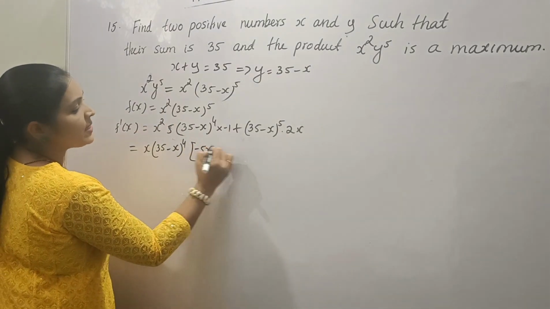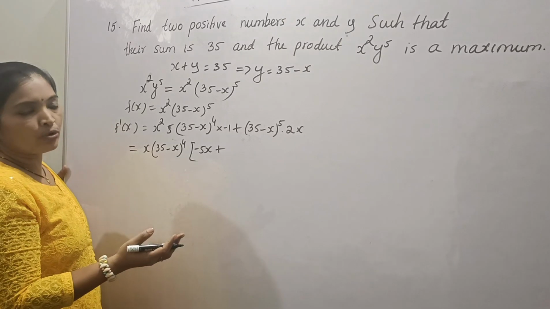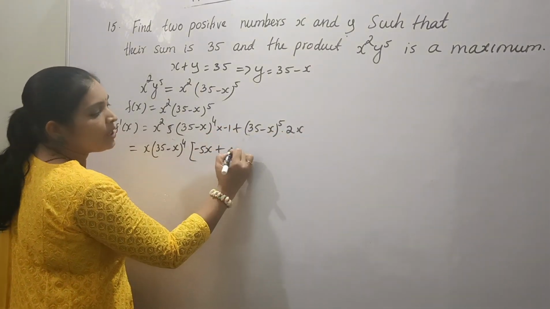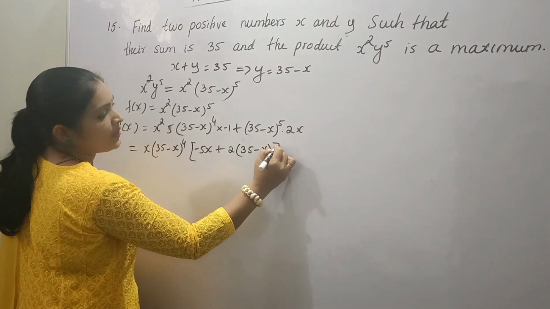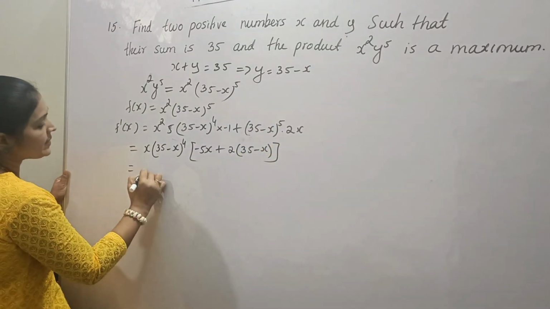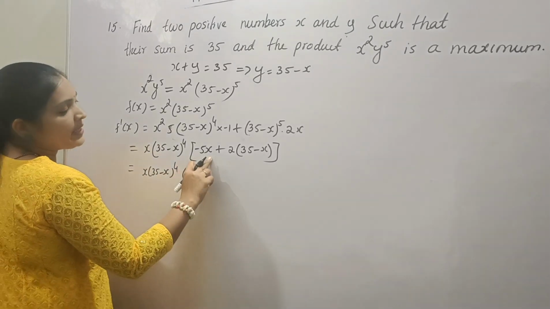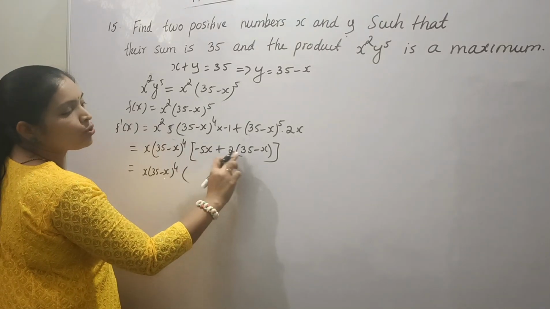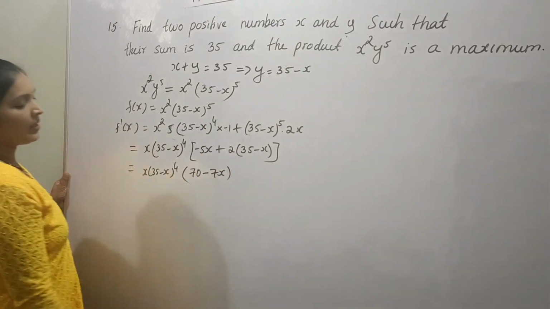So minus 5x plus, here we have taken 35 minus x whole raised to 4 and x into x, so remaining 2 into 35 minus x. That is equal to x into 35 minus x whole raised to 4 into, here minus 5x plus minus 2x, that is minus 7x, and 2 into 35 is 70. So 70 minus 7x.